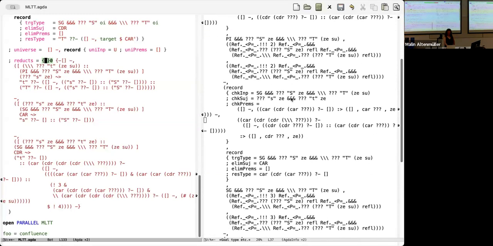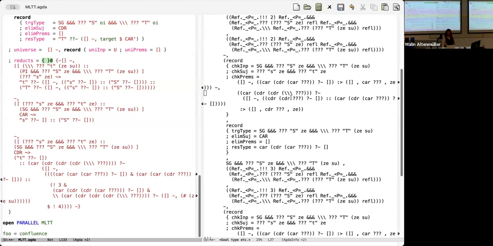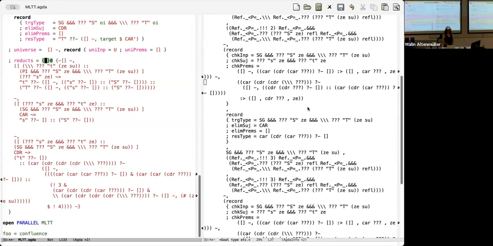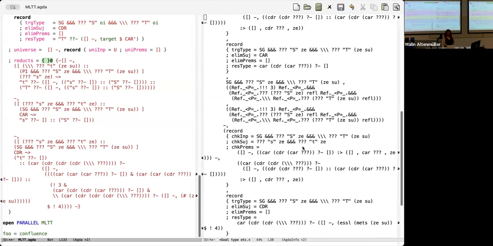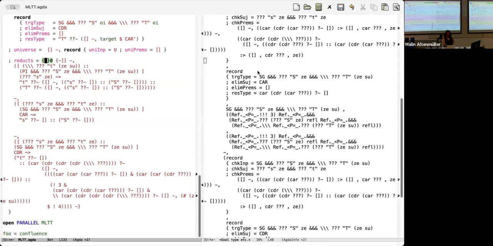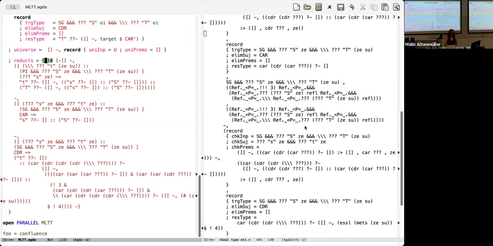Next element in that list says I also found an overlap between the introduction rule for pairs and the eliminator car. And furthermore, an overlap between the introduction rule for pairs and the eliminator cdr. So these are the 3 things you have to say what you're going to do with. So that's the high level picture there.